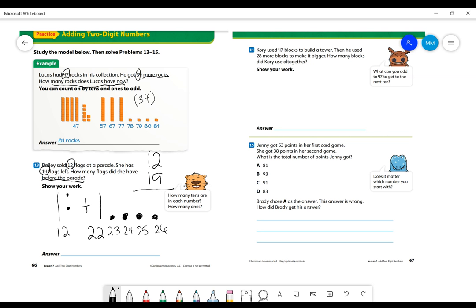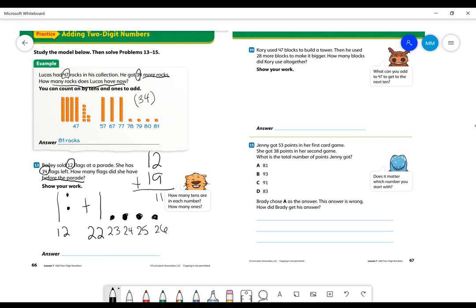I know we had 14, but if you have a problem like this on a paper or on your iReady test, or maybe you are practicing at home, you're going to have to remember to start with your ones place. Why? Because if I have 9 ones plus 2 ones, that's going to be 11 ones. I can't start by adding my tens because I have to think about how many ones I have.